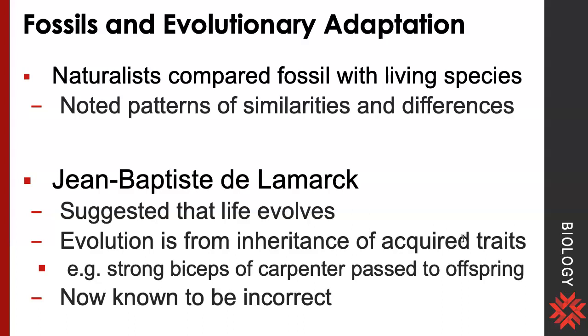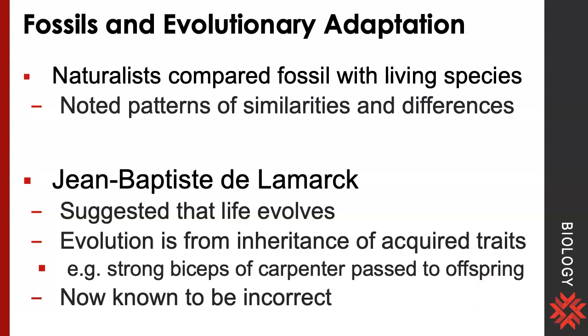Again, we know this is not correct. A little baby carpenter is not going to pop out all jacked up with really strong biceps. But this was important because it was the first time a naturalist really tried to propose an idea of how species are changing over time. So it really set the stage for Darwin to enter.